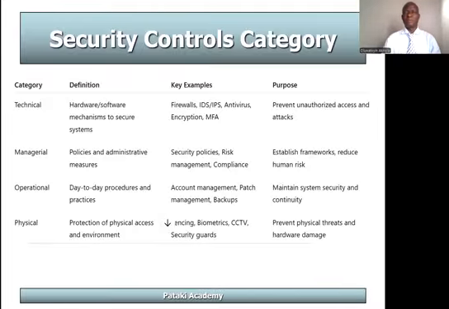So the purpose for technical control is to prevent unauthorized access, managerial to establish framework, reduce human risk, operational to maintain system security and continuity, and physical to prevent physical threat and hardware damage.